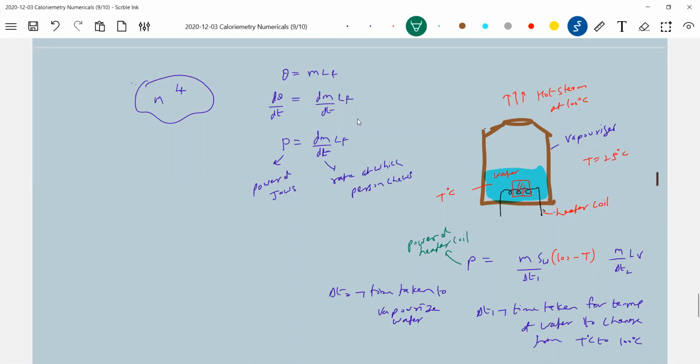This part of the power is what? Power needed to raise the temperature of water from T degrees to 100 degrees. Then what is this part? Okay, plus sign is missing. And this part of power is what? Power needed to convert water into vapor.